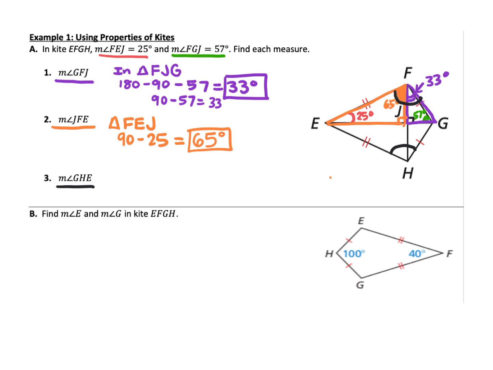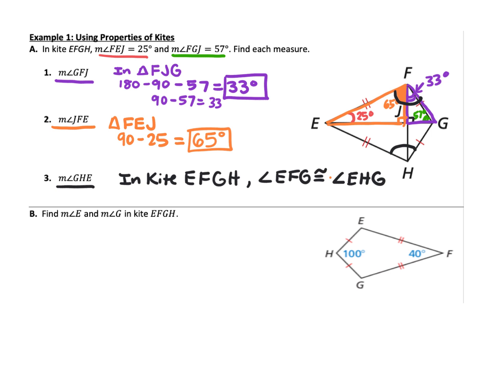So in the kite EFGH, by that kite property number 2, we know that angle EFG must be congruent to angle EHG.